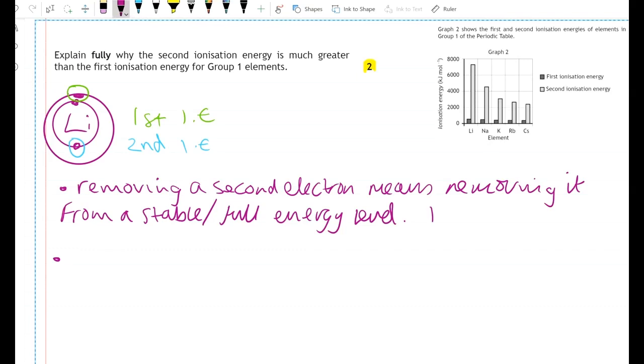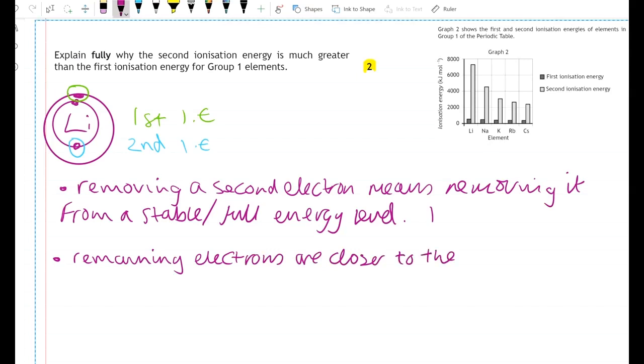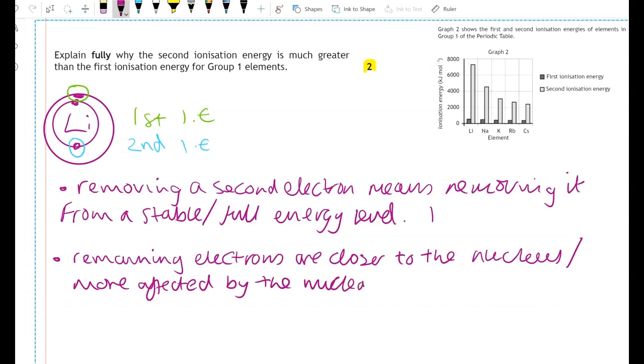So remaining electrons are closer to the nucleus / more affected by the nuclear charge.